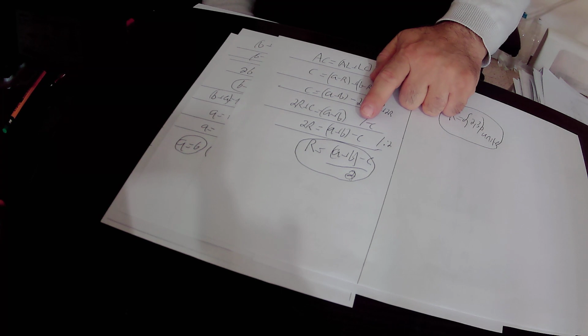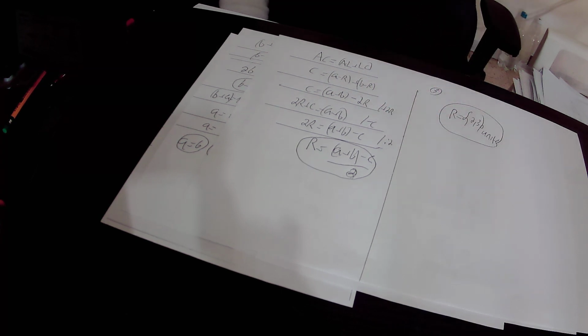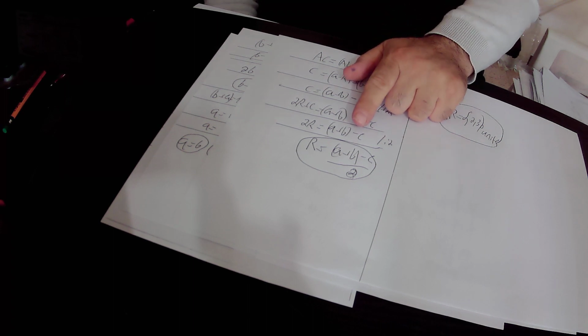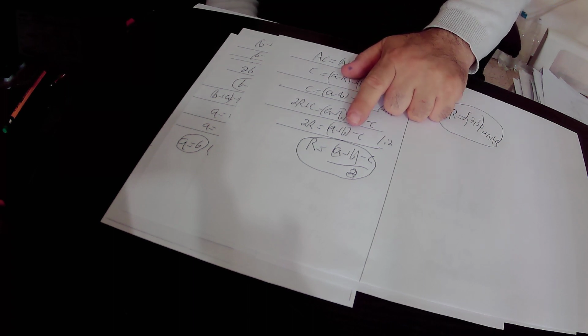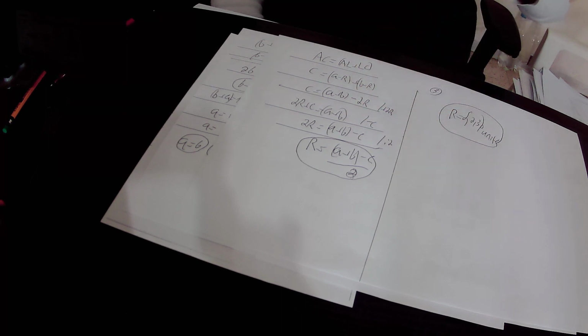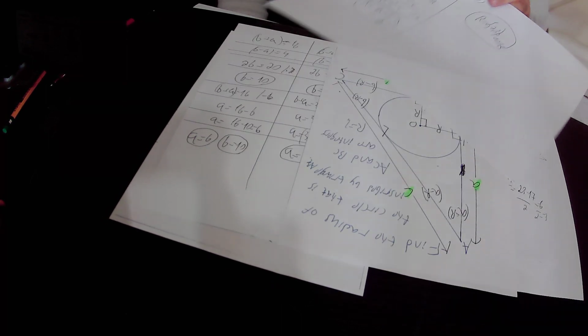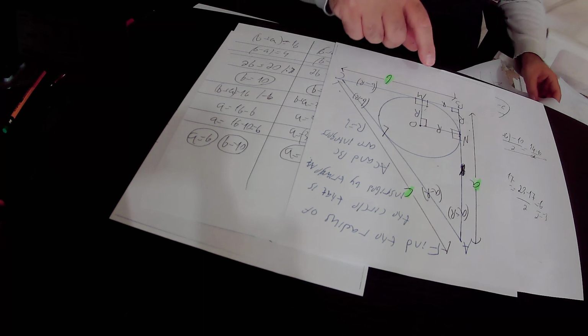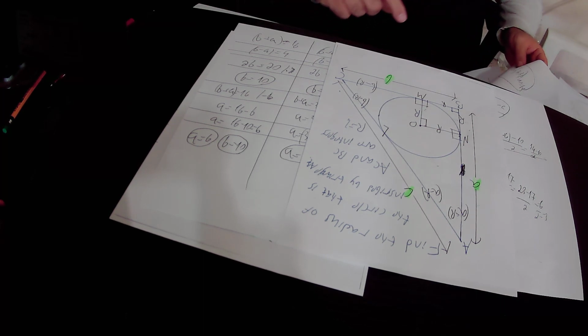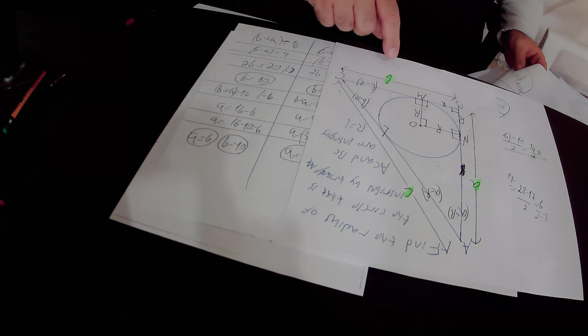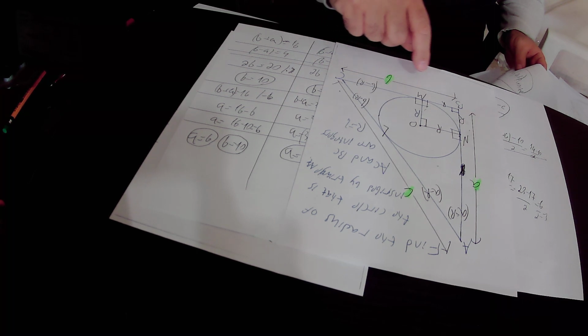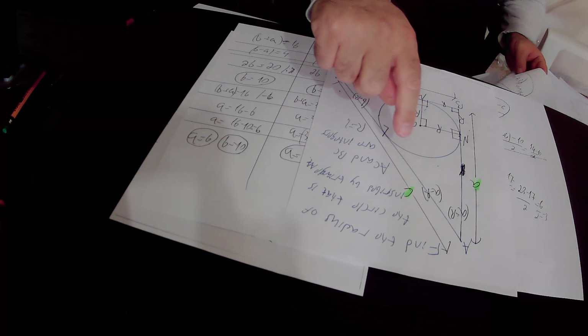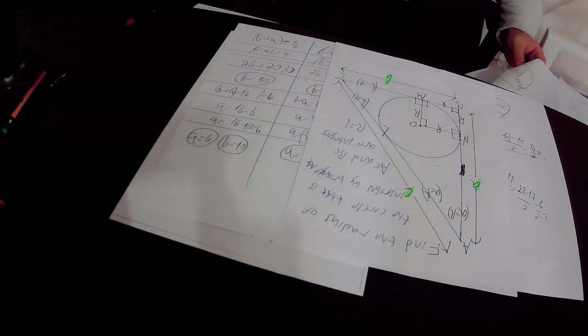We divided this equation by 2 and found that R, the radius of the circle that we are looking for, is equal to A plus B minus C over 2. Here the radius of this circle is equal to the sum of the perpendiculars of the right triangle ABC, minus the hypotenuse C, over 2.